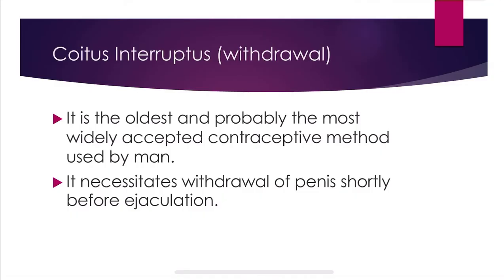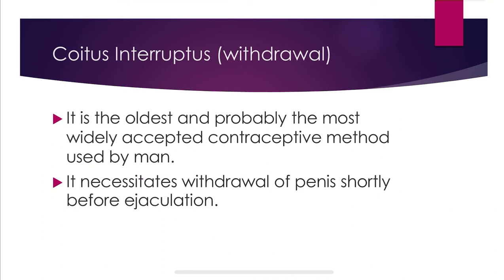Coitus interruptus, or the withdrawal method, is the oldest and probably the most widely accepted contraceptive method used by men. It necessitates the withdrawal of the penis shortly before ejaculation. The man has to remove his penis before ejaculation, which requires a lot of self-control.